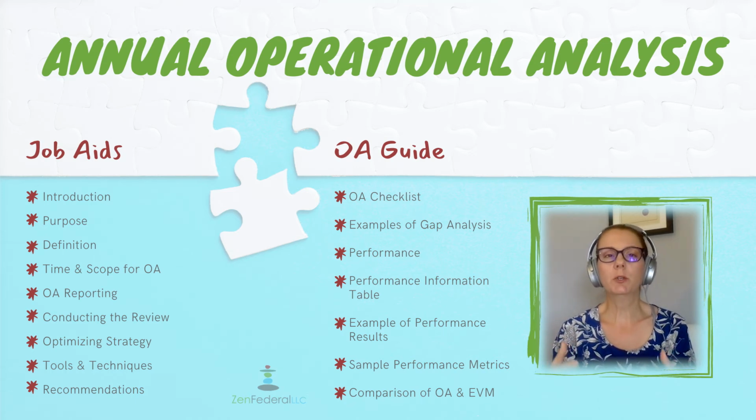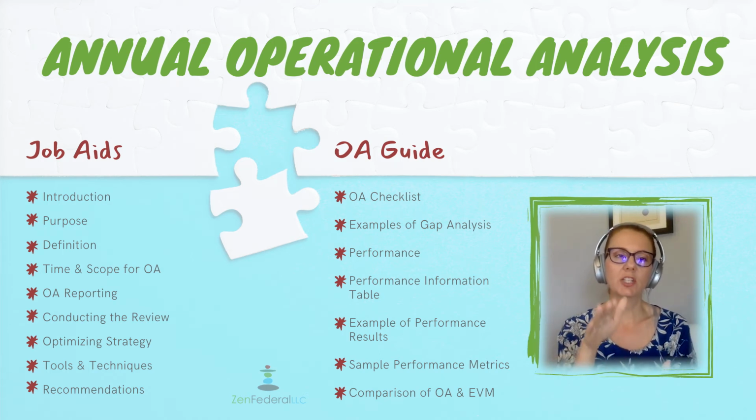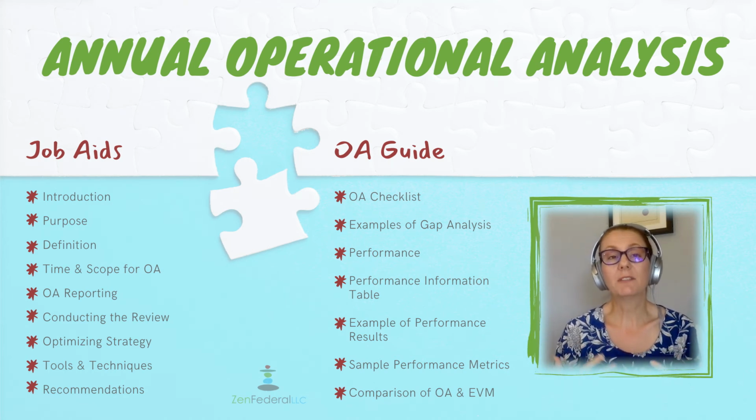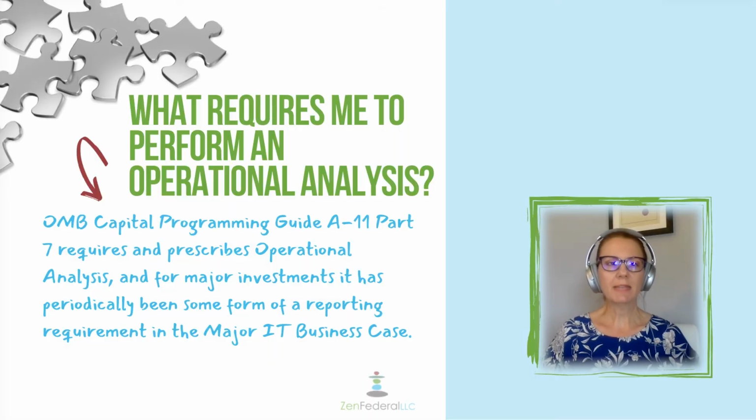You're welcome to pull your agency or department's OA guide and check against these things to see if it's all there or if anything's missing. If anything's missing, a good question is why, and do you need to have someone update that OA guide? Usually you will find the mandate that prescribes operational analysis in the Capital Programming Guide, as well as the OMB Circular A-11 Part 7.